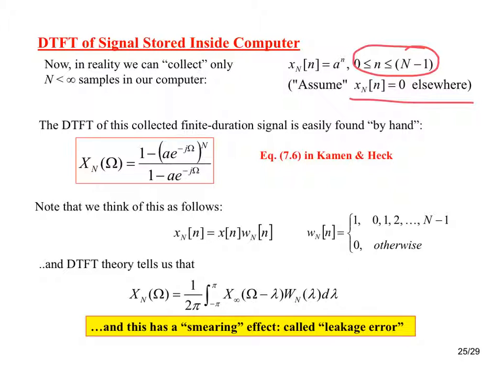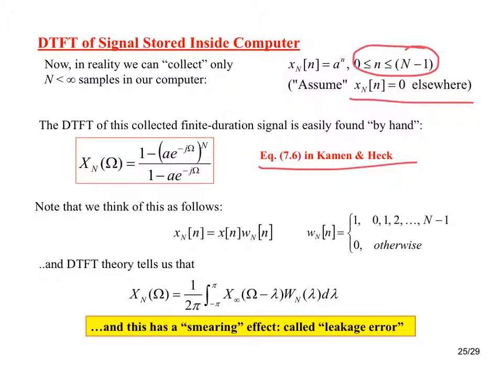It ends up being a geometric sum. In the book that we used for signals and systems, it's equation 7.6. We've done this one already, and you should be able to do it yourself. It's just applying a geometric sum to this finite signal case.